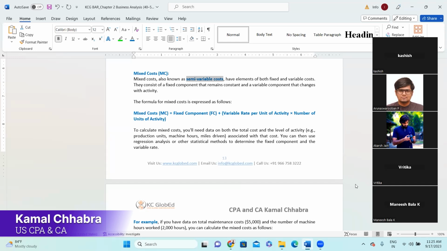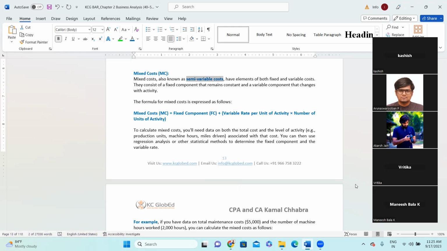Whereas mixed cost or semi-variable cost is basically where there is some amount of fixed cost and then the remaining will be variable cost. For example, like your electricity bill, right? You have a fixed 1000 rupees meter charge and then 8 rupees 50 paisa per unit charges, right?